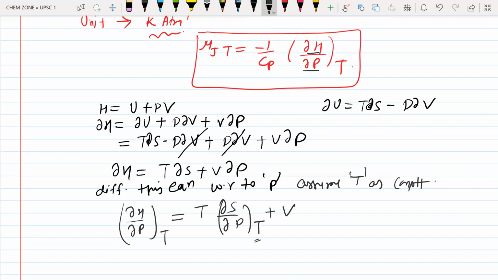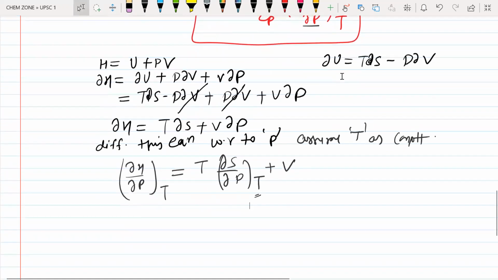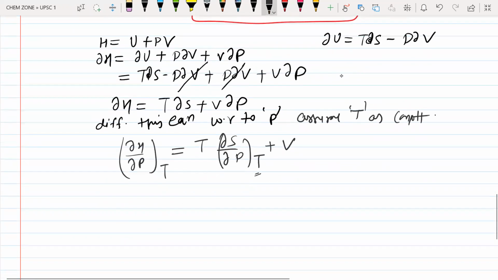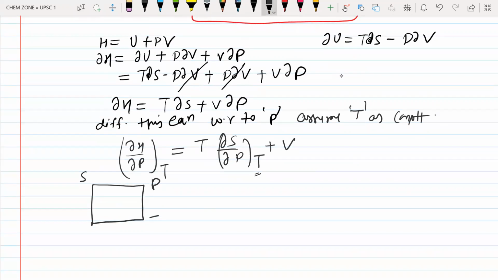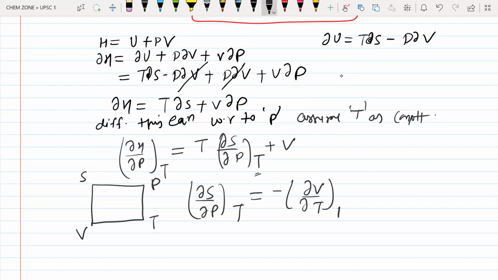We get T del S by del P at constant T, and the differential of P with respect to P will be cancelled out. We will get V. Now, by using Maxwell cycle, we can write that del S by del P at T is equal to minus del V by del T at P. We are moving anti-clockwise, so we can put the negative sign here.